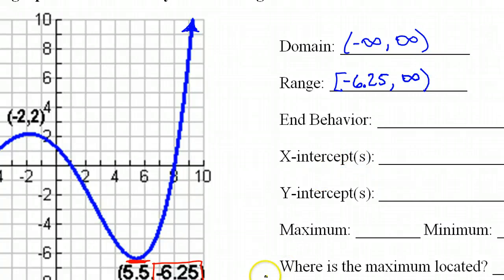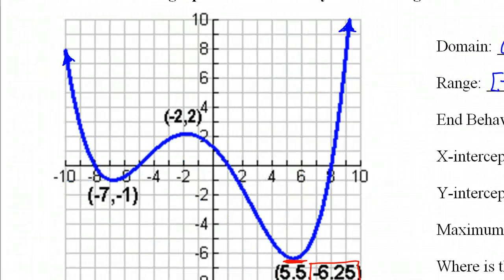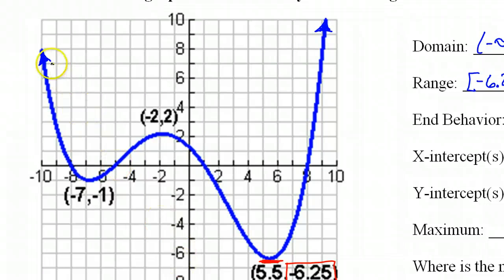Now, end behavior. In words, end behavior is all about what's happening on the left side of the graph and what's happening on the right side of the graph, looking at the ends, right? That's why they call it end behavior. So in words, we would say it like this. We'd say on the left, and the idea is, does it rise or fall?